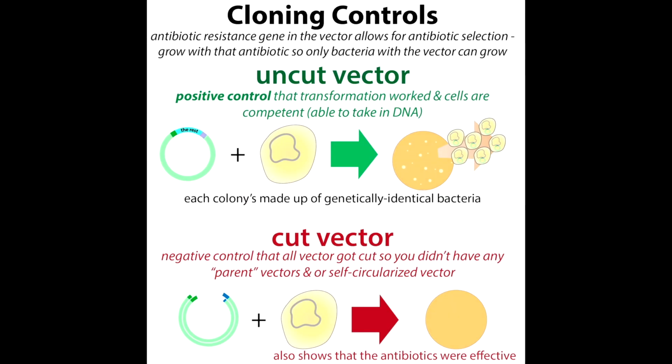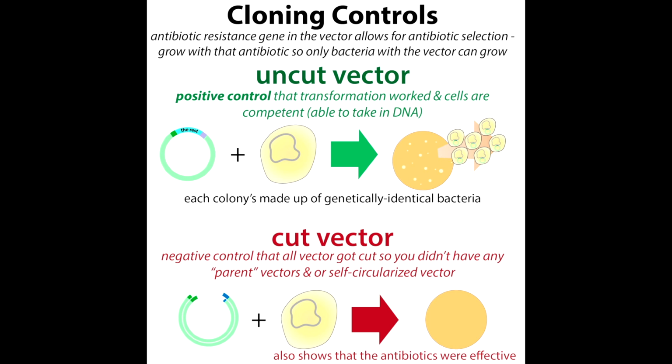When you do that transformation, you want to have a couple controls. In the case of restriction cloning, you want to have an uncut vector, so this is your positive control, so that'll make sure that the transformation process worked, so that plasmid actually got into the cells. So on this plate you should have lots of colonies.